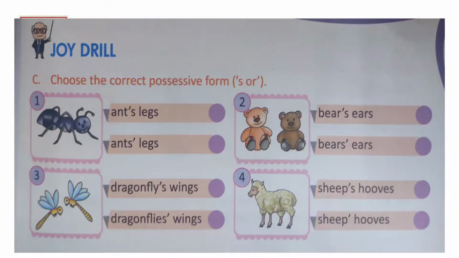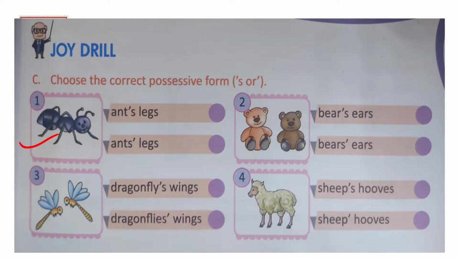Choose the correct possessive form, apostrophe S or apostrophe. You can see 4 pictures are given here. Like the first picture is of an ant, you can see. So ant is singular here, you can see it's a single picture. Okay, singular ant, one ant is there. So you have to see what will be the answer, ant's legs or ants' legs. The meaning is the same, no problem, but it depends on singular and plural.